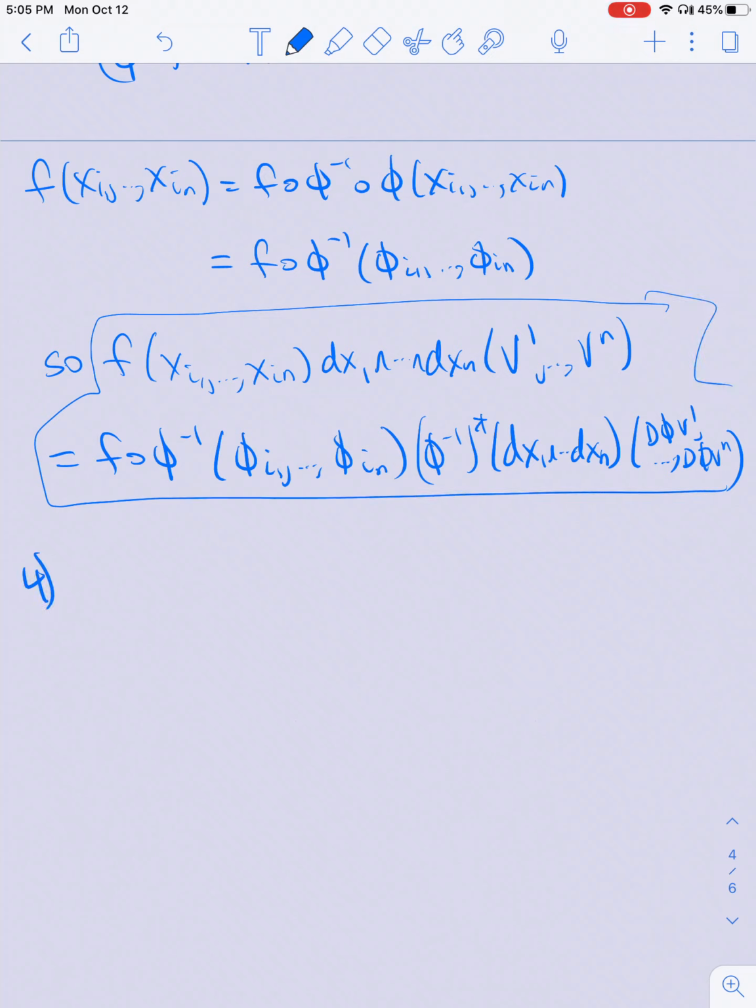Okay, so the fourth step was basically add it all up and take the limit.